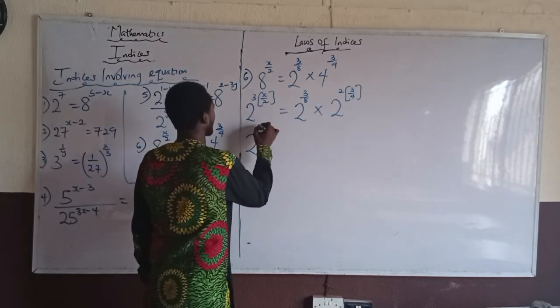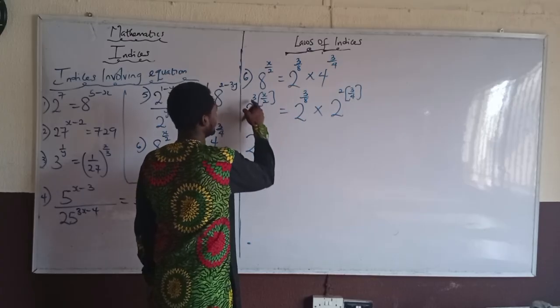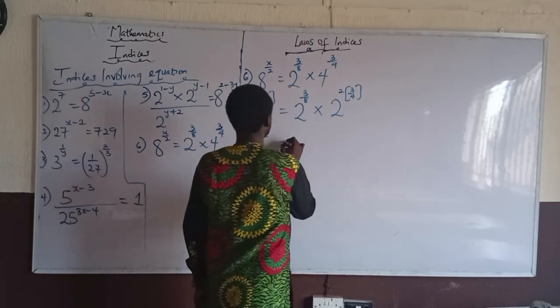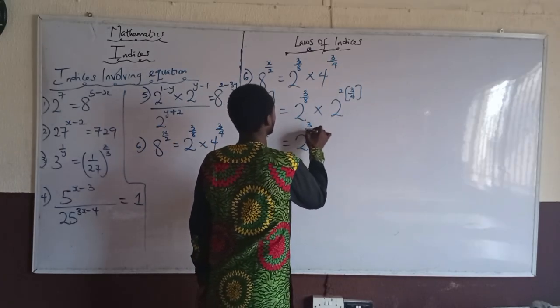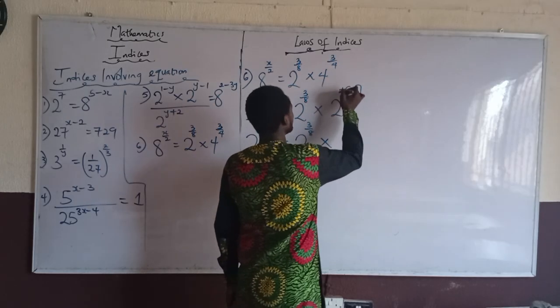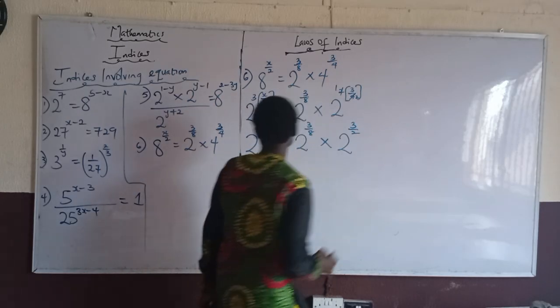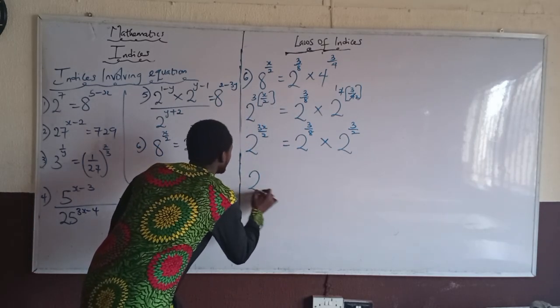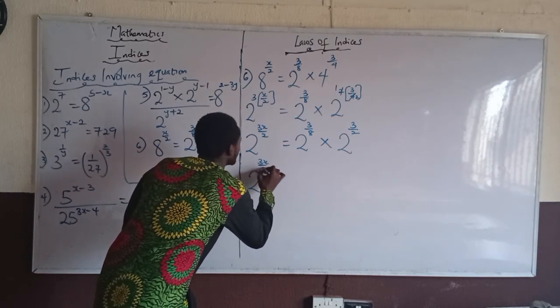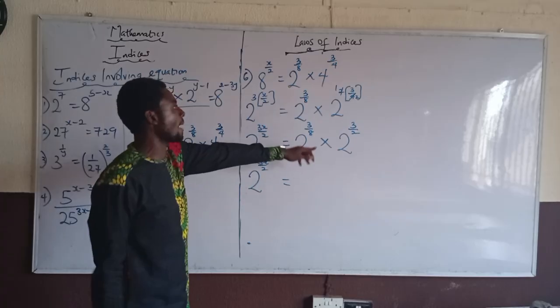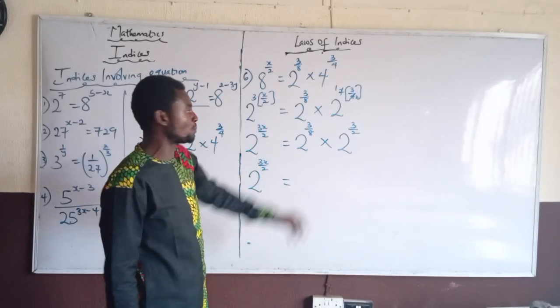So here becomes 2 raised to power 3x over 2 equals to 2 raised to power 3 over 8 times 2 raised to power 3 over 2. So here becomes 2 raised to power 3x over 2 equals to, I'm picking 1 here and I'll add the power.